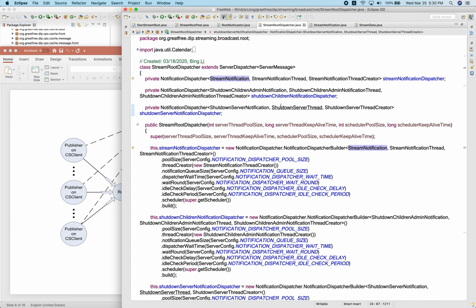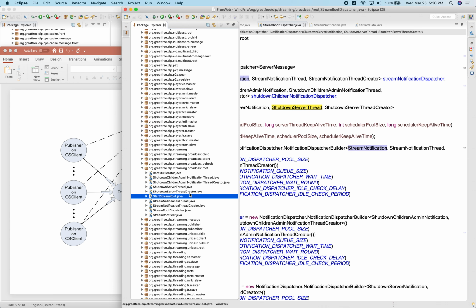It's the same as what we had done before. They shut down children. It shuts down the server. The root server here is the root. So the code is easy, right? Okay, should be fine. So the root is very easy to be understood. All the code, we finished all the code here.